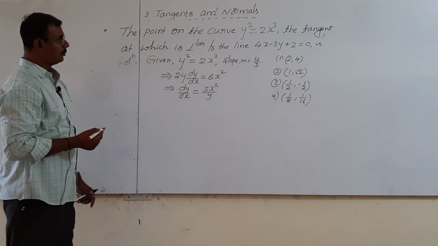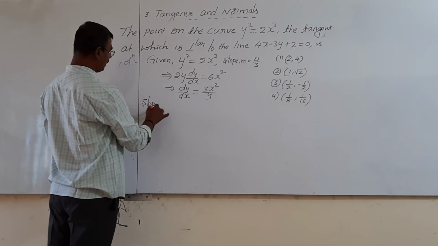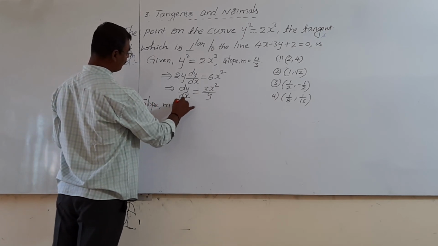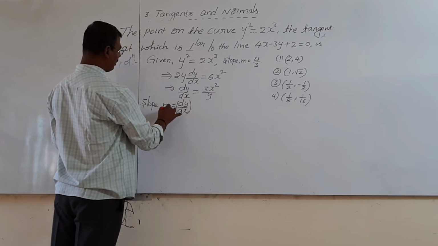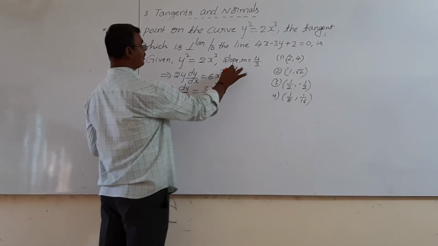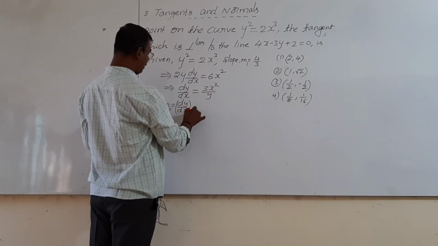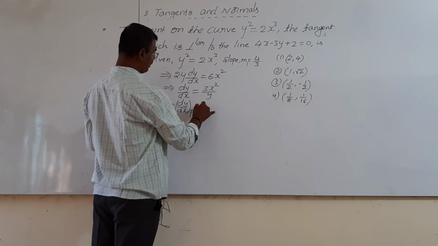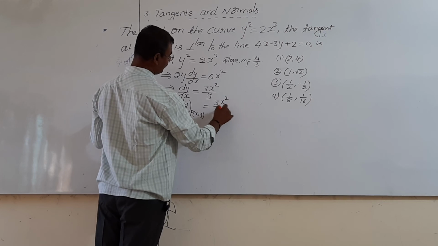Now the slope of the tangent, m is equal to dy by dx. This is m2, and m1 is already given. dy by dx at any point x comma y is 3x square divided by y.